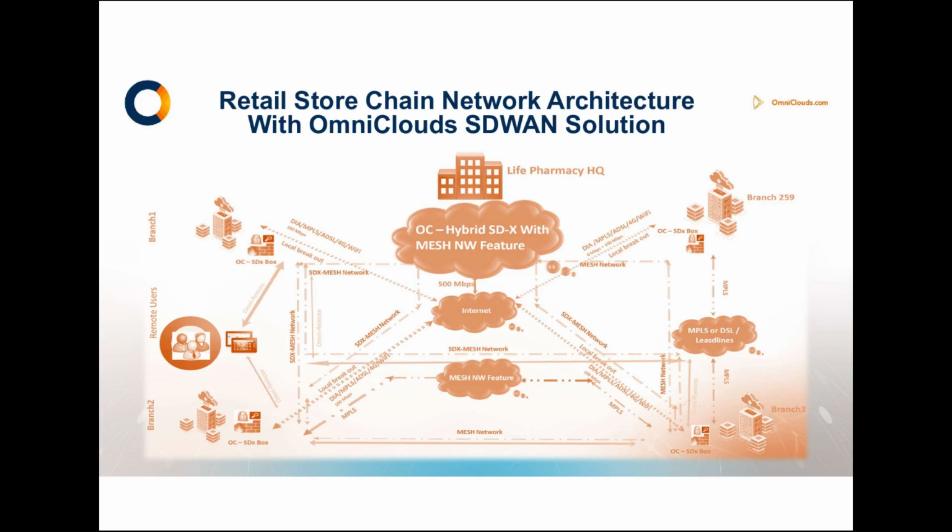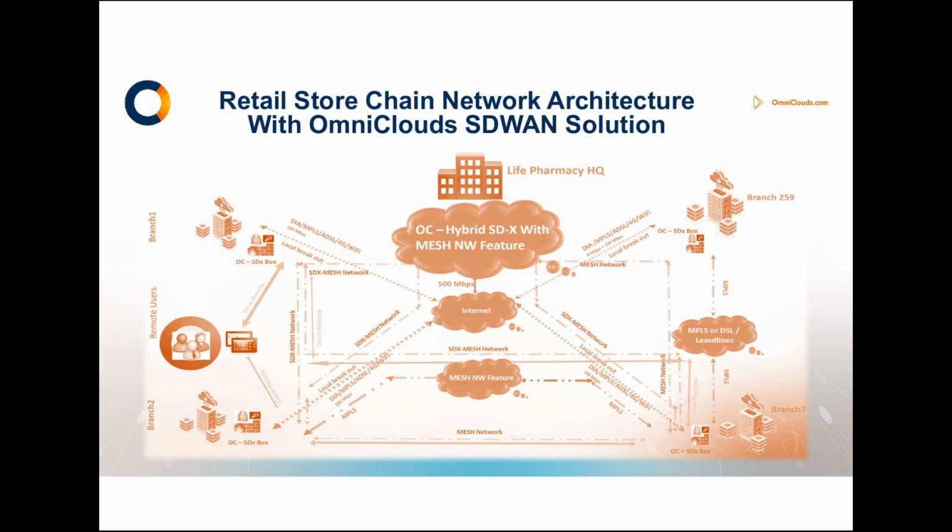If you notice, regardless of the underlay connectivity, whether TIA, MPLS, ADSL, 4G, or Wi-Fi, it doesn't make any difference. All of them are connected to the OmniCloud Director and Orchestrator via a mesh network topology, controlling and centralizing all of the branches in one central location based on the client requirements.